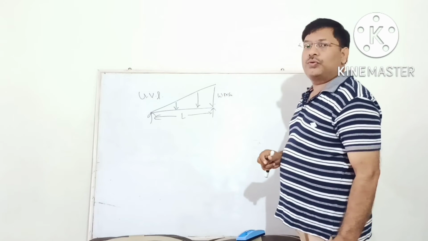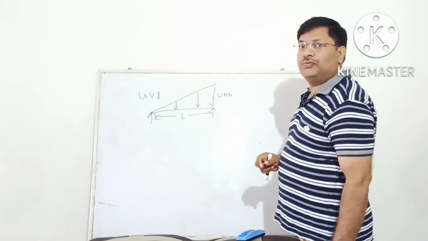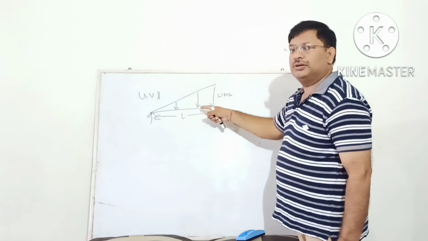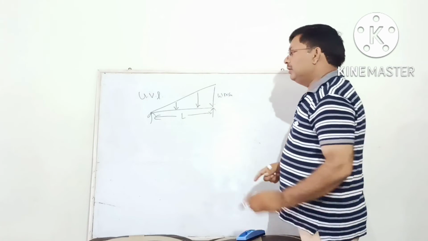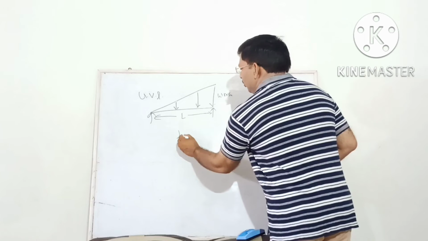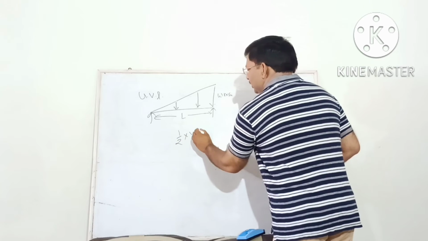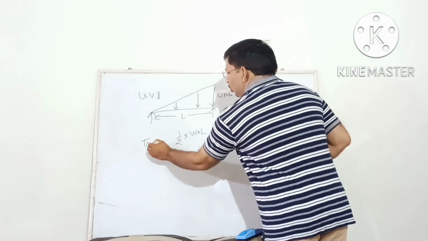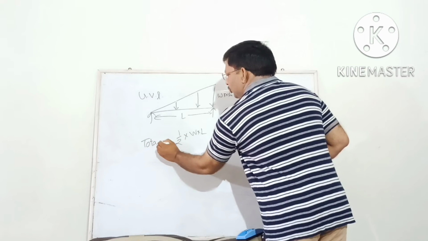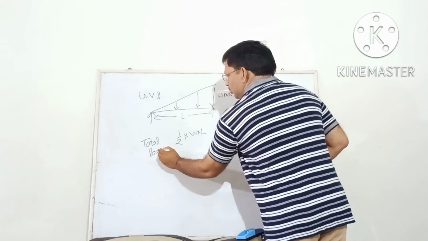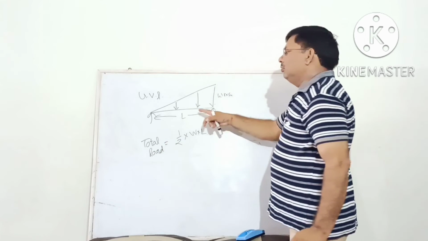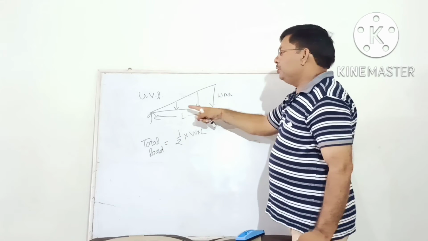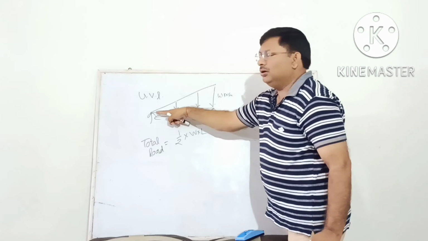Now, while drawing the free body diagram of uniformly varying load, we will have to convert this into point load first. So in this case, total load is given by 1 by 2 load intensity multiplied by length. This is total load in case of UVL. Now this load acts at 2/3 of total length from the vertex.